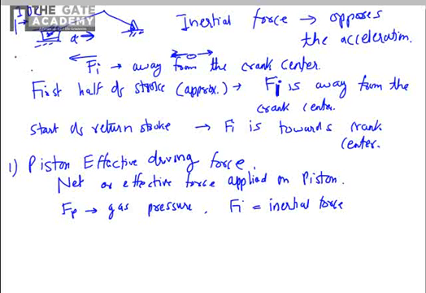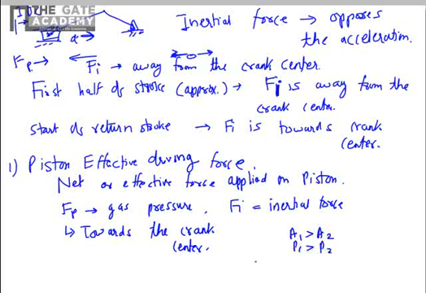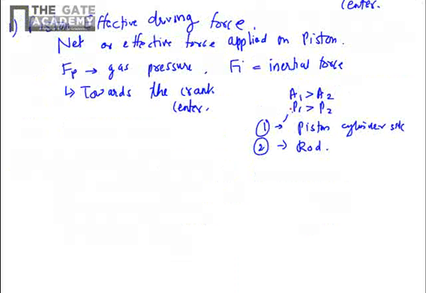So the gas pressure from this diagram, the Fp is always in a direction towards the crank center, because normally the area on the piston side will be higher than the area on the rod side. A1 will be greater than A2 and P1 will also be greater than P2. So pressure and area both are normally greater in the piston side than the rod side, and this Fp is P1 A1 minus P2 A2.